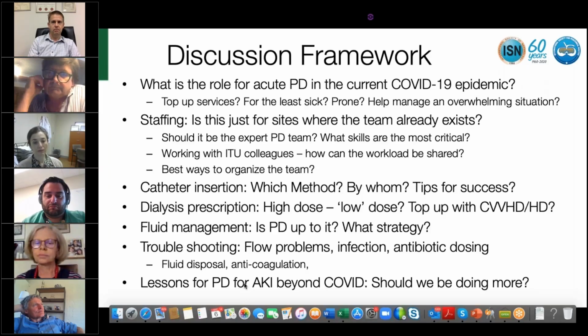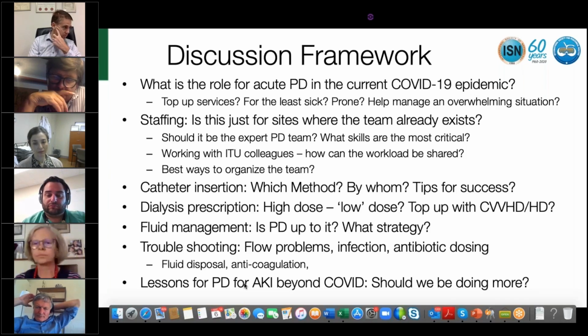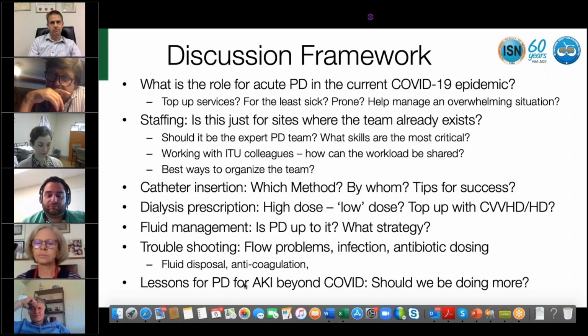And then lastly, PD has been designed as a maintenance ambulatory therapy, which we're applying to the acute care setting. I think that with the technological advances in cycler technology and infection prevention, if PD for AKI takes off, and I hope it does, we should think about redesigning our machinery and our technology specifically for the acute setting.